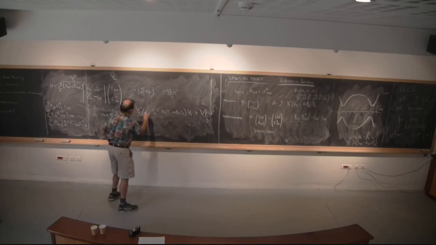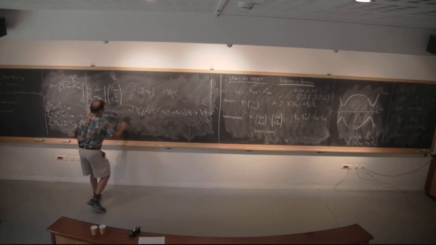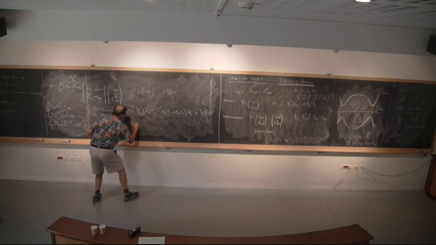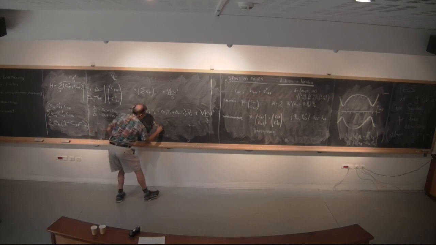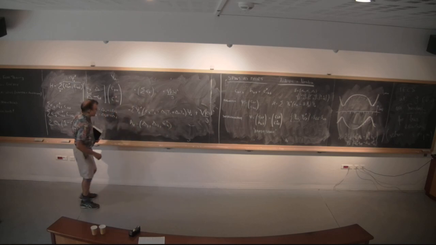And you can see that this is like a vector with 3 components. And so if we introduce h of k equals delta 1, delta 2, epsilon k, that's a vector in particle hole space. Okay?